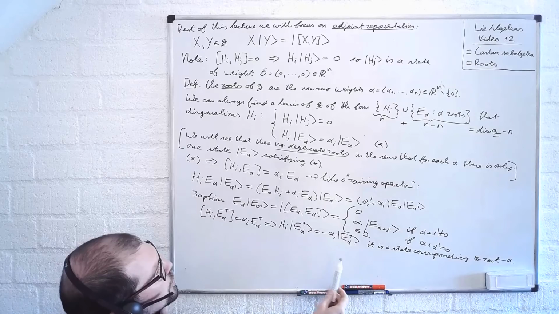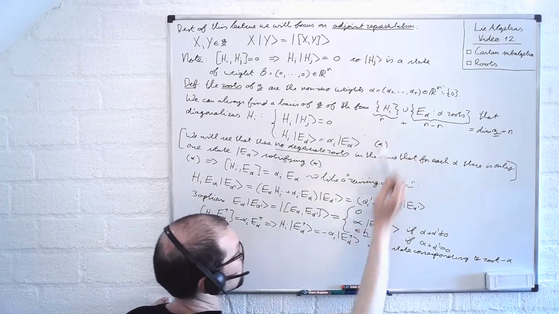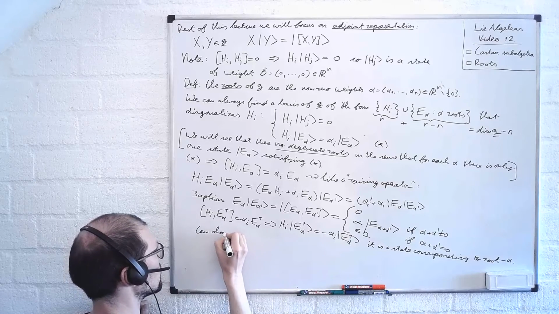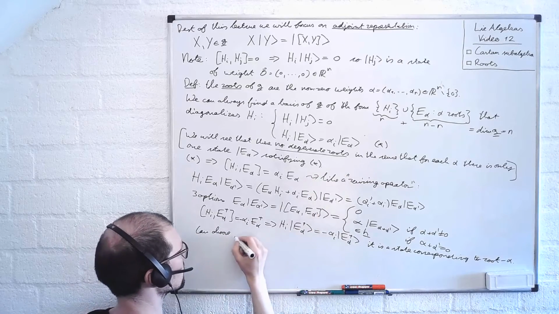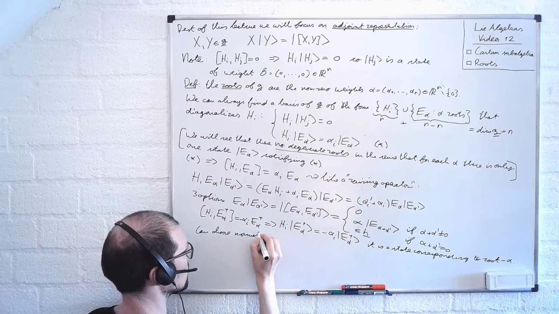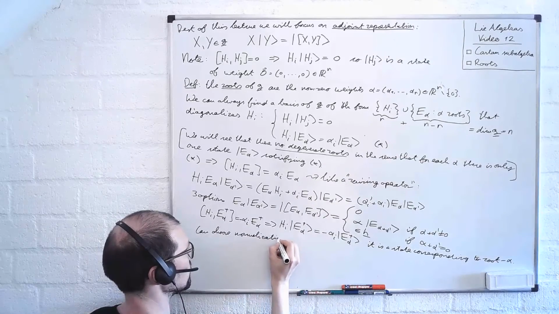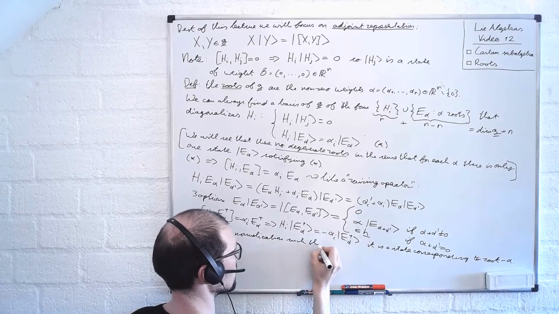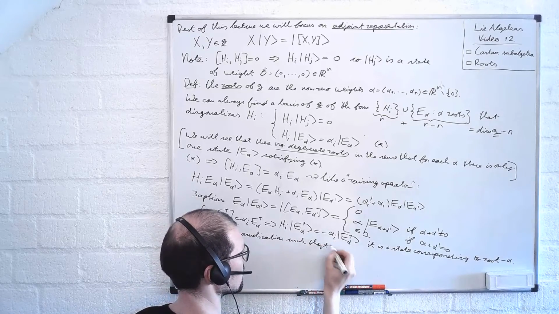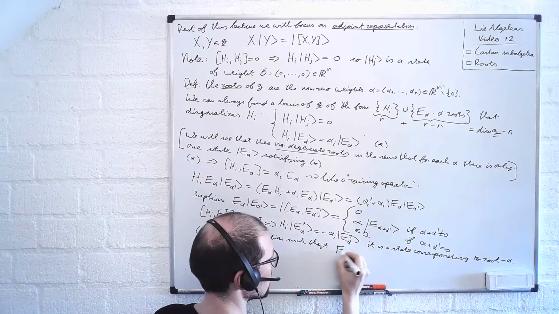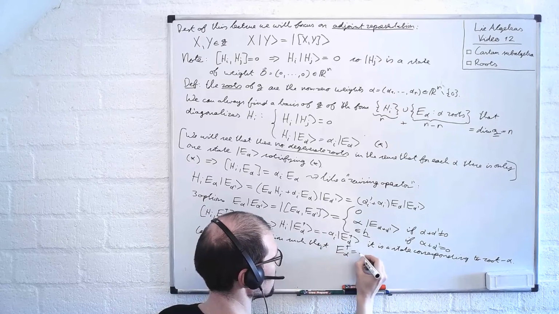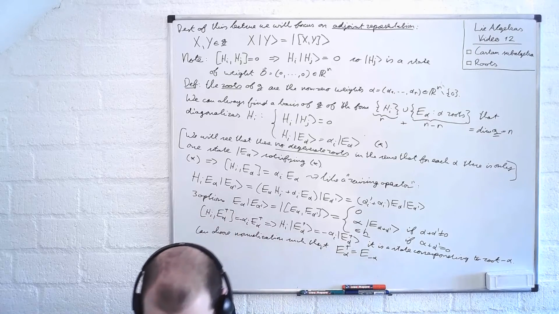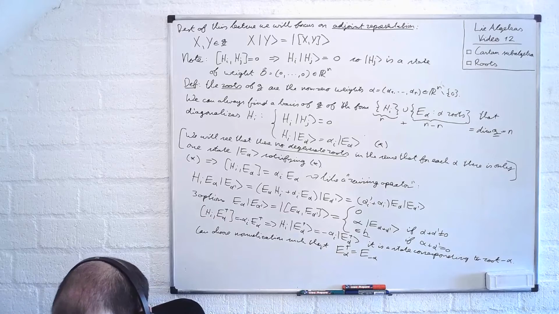So it must be proportional to the basis element there, and we can choose the normalization of the basis state such that e of alpha dagger is really e of minus alpha. Okay.